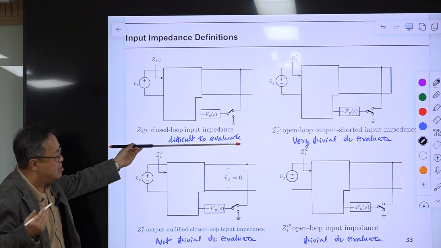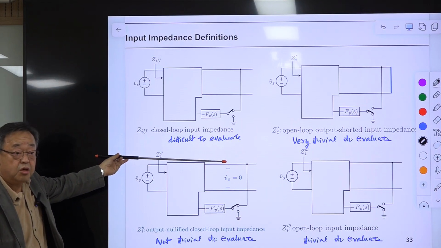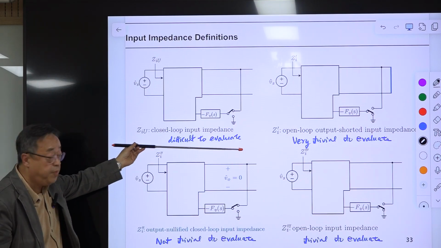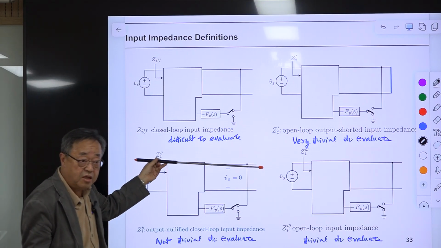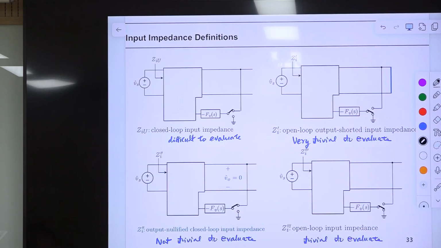Okay, maybe this coming Thursday, maybe there is a chance to evaluate this. We use EET to evaluate this actually. Okay, that is strange, right? EET. If you have some difficult problem, think about EET, right? And GI prime is open loop, output is shorted. So this is the open loop, output shorted input impedance, very trivial to evaluate.